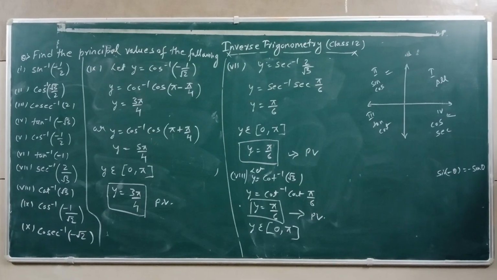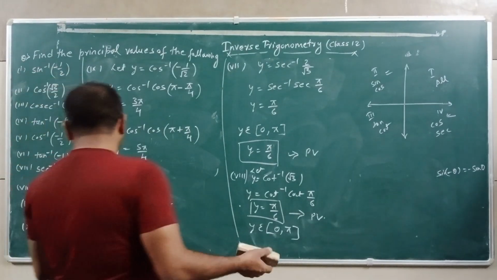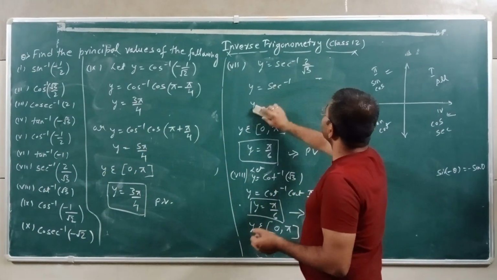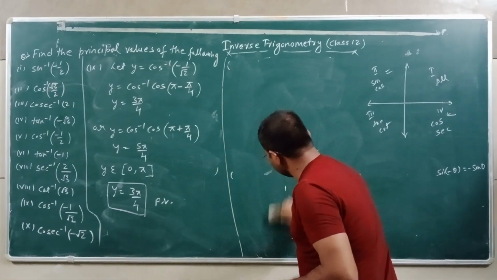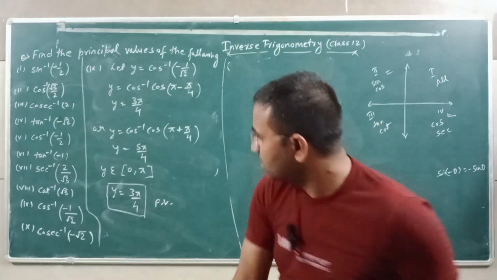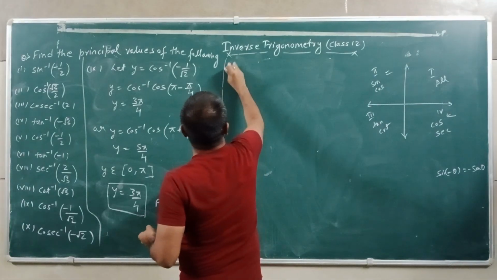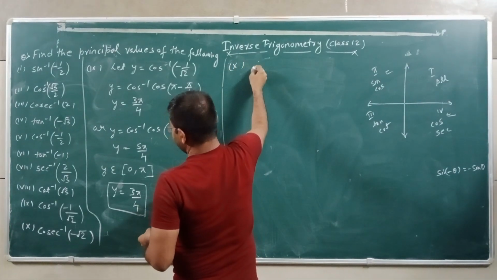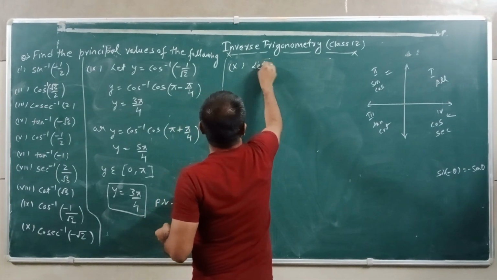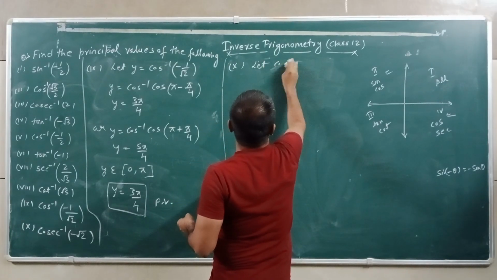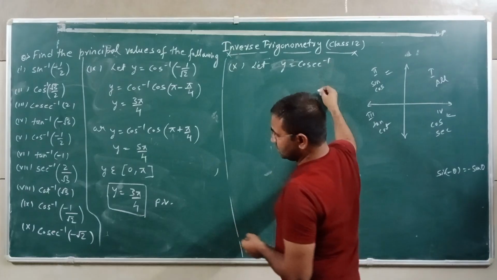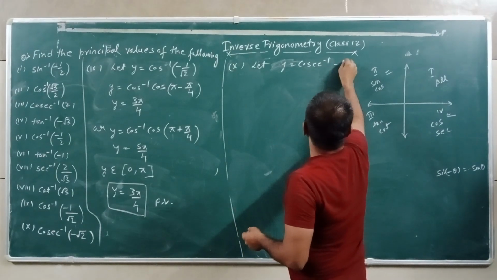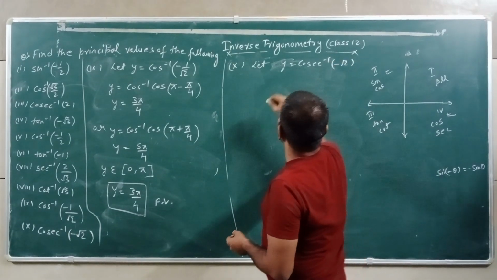Okay, now let us see the last one. The last one is cosec inverse minus root 2. Now see the last one, the 10th one. Let y is equal to cosec inverse minus root 2.